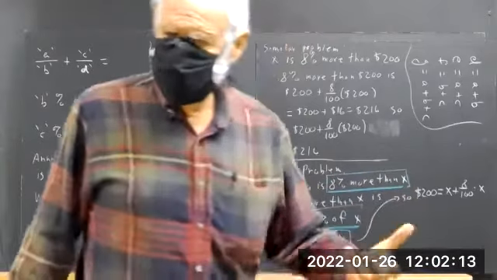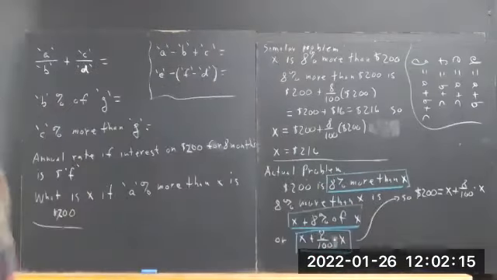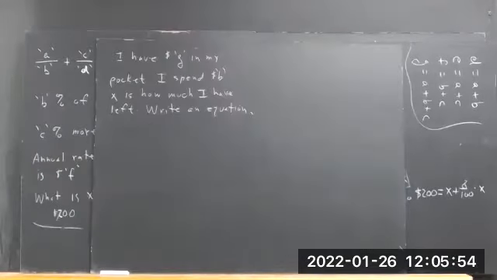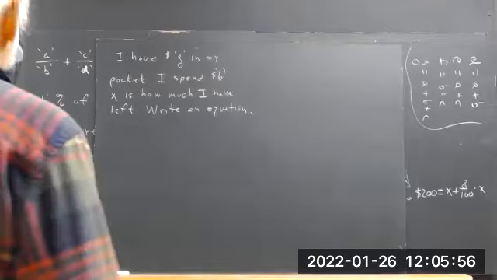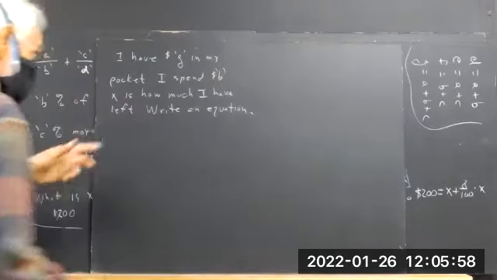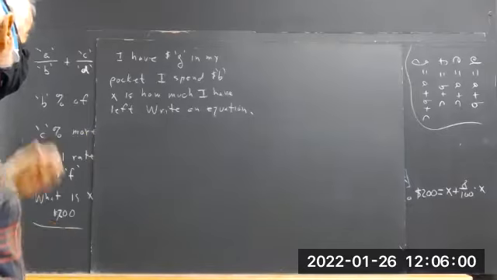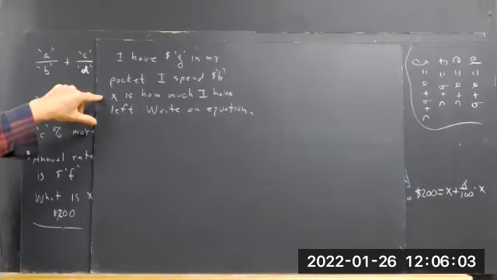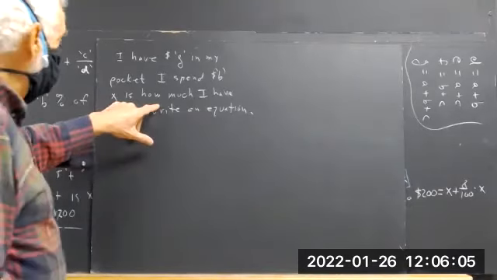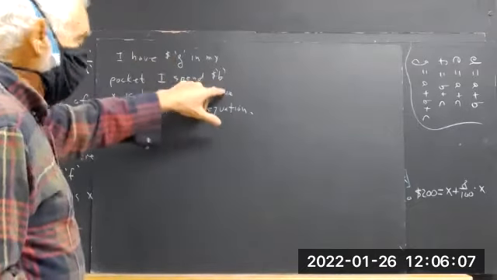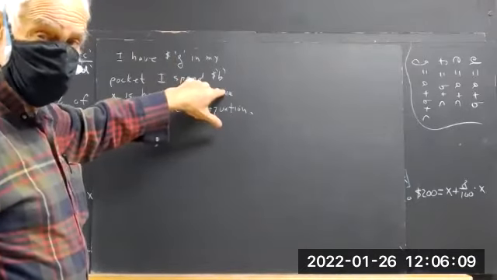Okay, so it comes down now to the art of writing equations. So the equation we would write: X is how much you have left. How much do you have left? Well, you have what you started with minus what you spent, right?